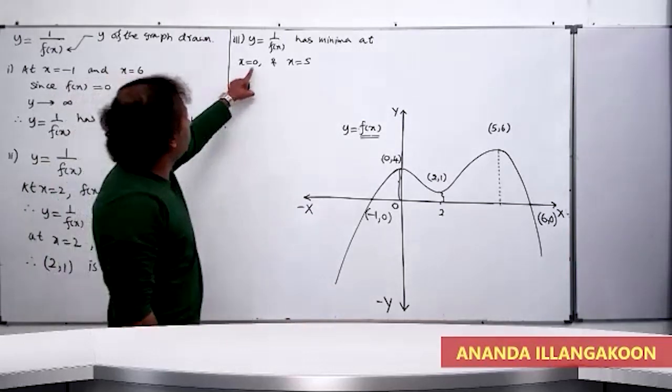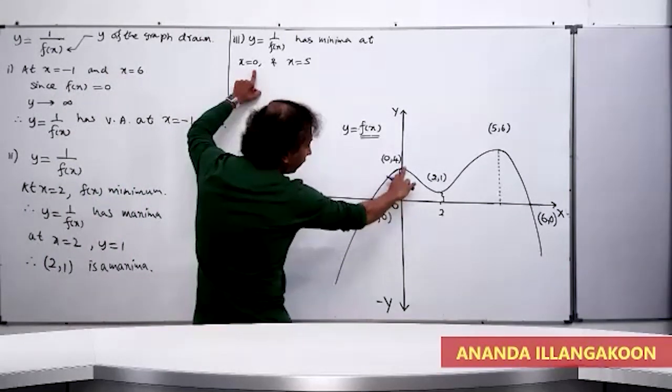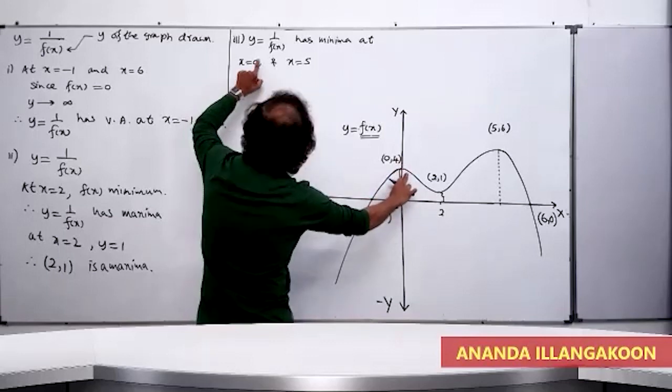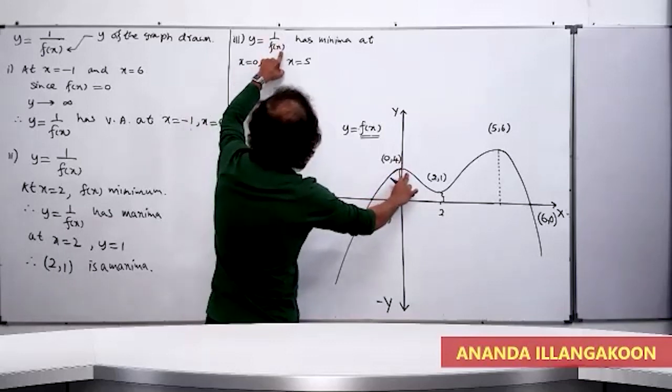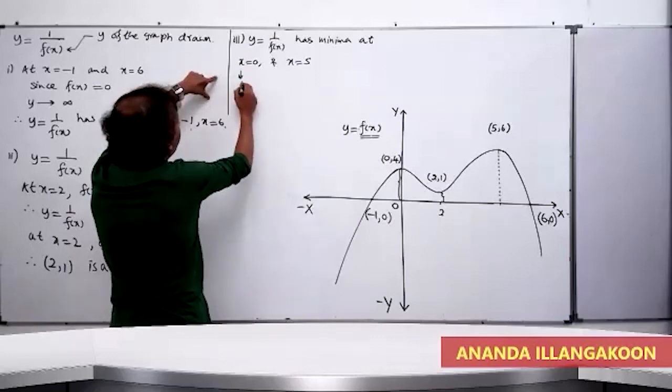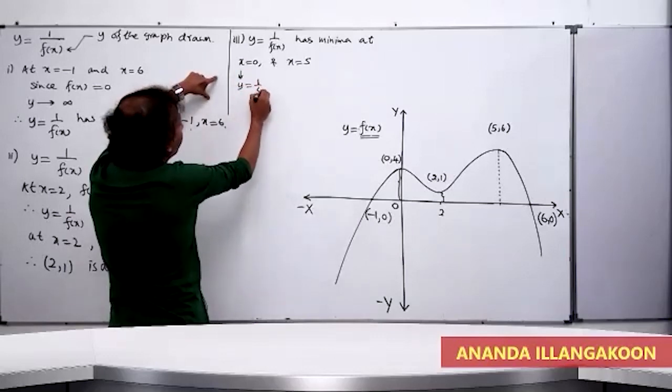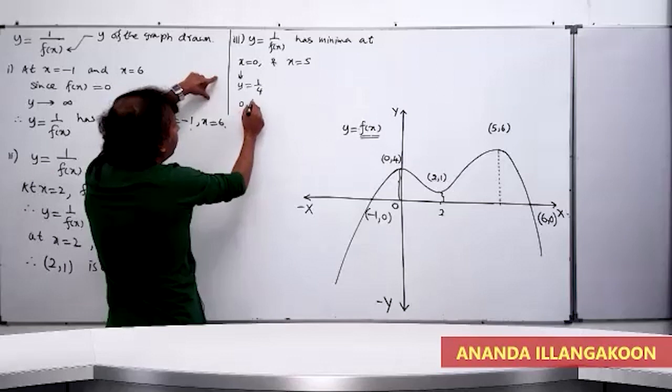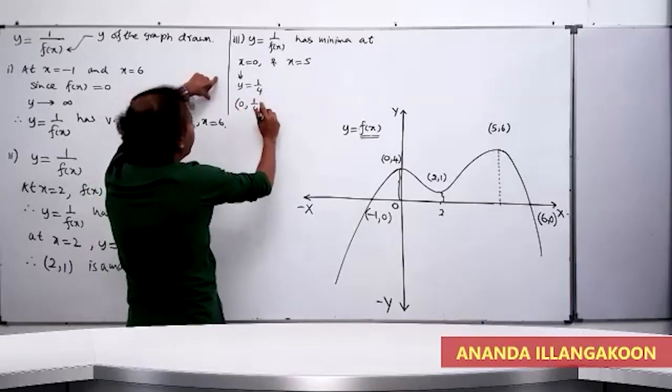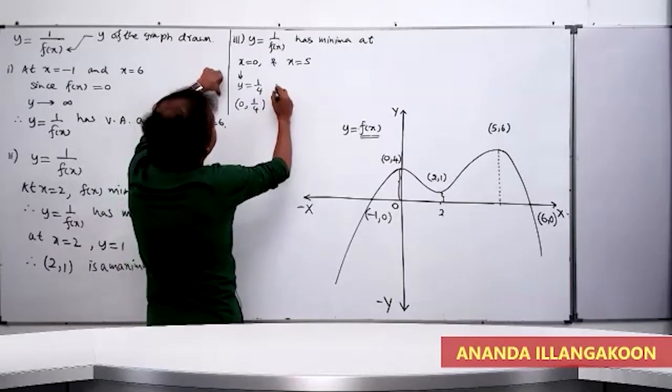Right. At x equals 0, what is the y coordinate? 4, no? f(x) is 4. Then once you put 4 there, 1 upon 4. Therefore, at x equals 0, y is 1 upon 4. Then (0, 1/4) is one minimum point. What is the other one?